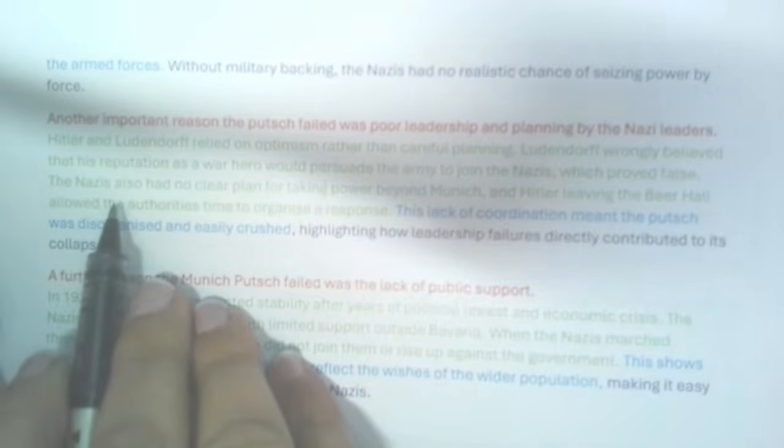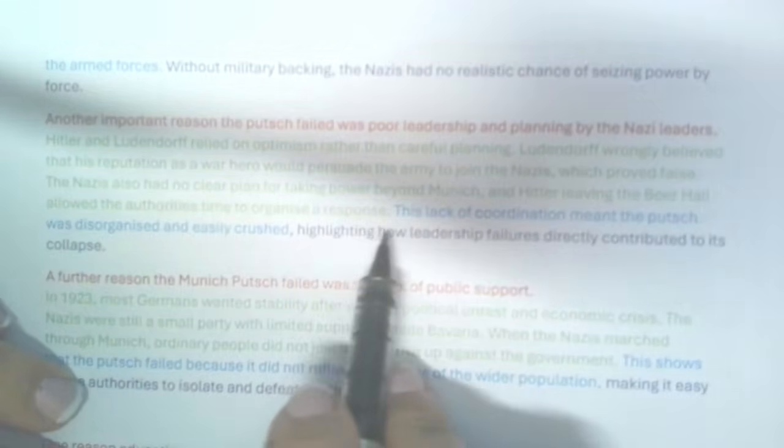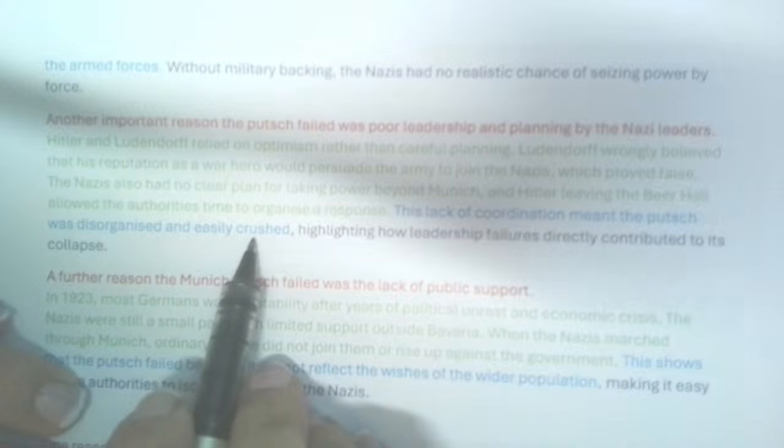I'm also going to include the fact that the Nazis had no clear plan for taking power beyond Munich, and that once Hitler left the beer hall, the authorities had time to organise a response. So I'm not going into great detail. Again, I'm not giving the backstory, I'm just giving the quick details, and then: this lack of coordination meant the putsch was disorganized and easily crushed.